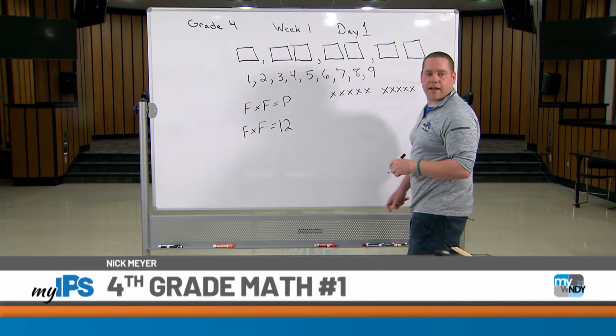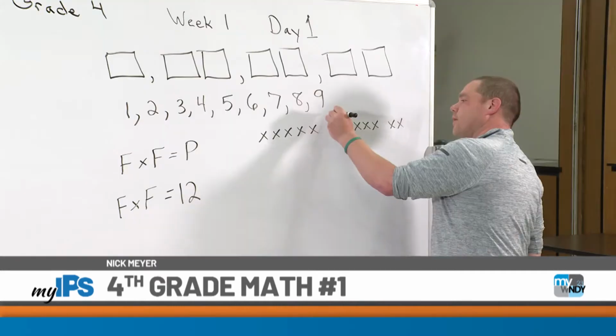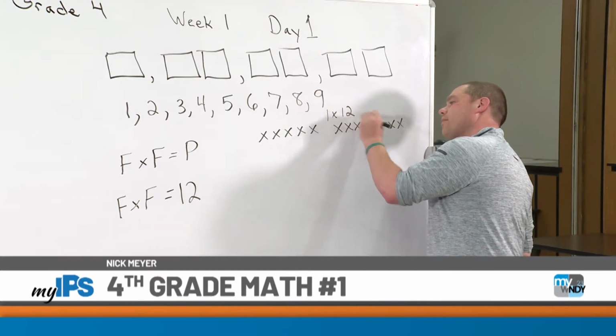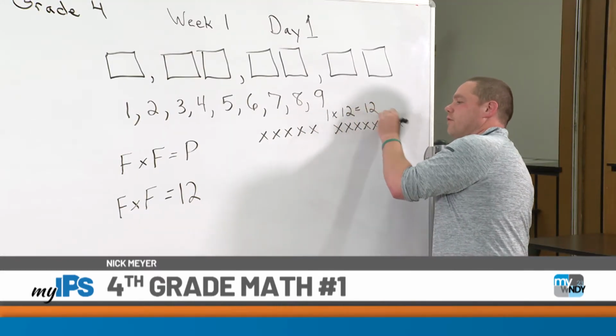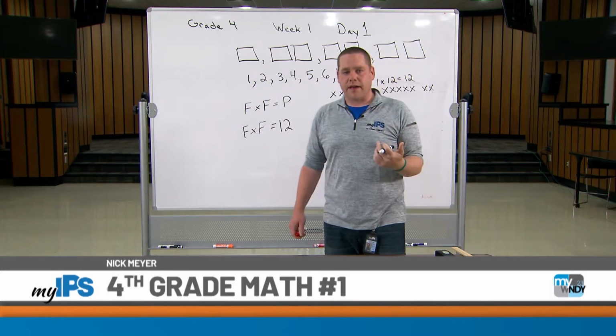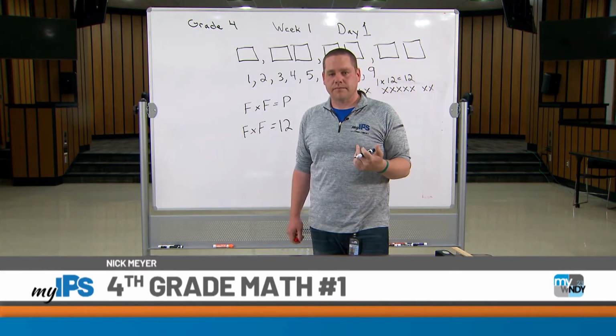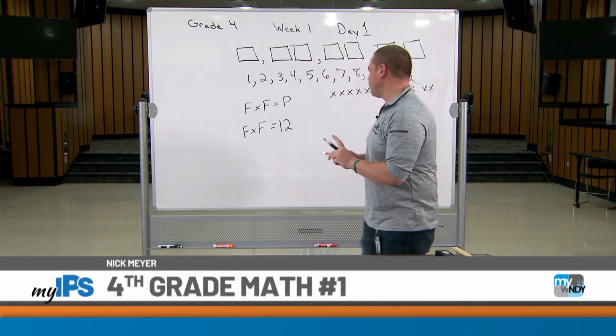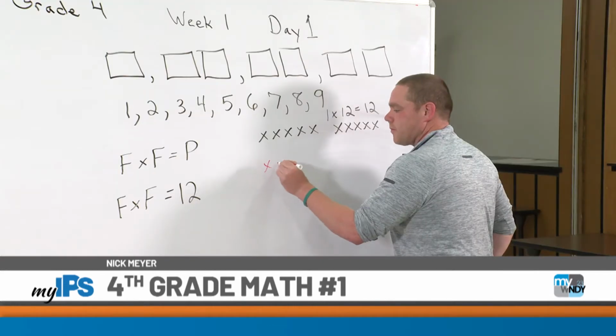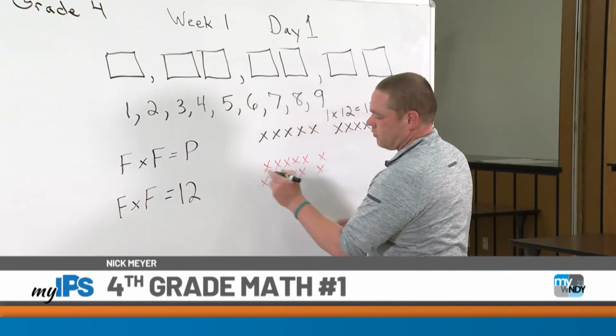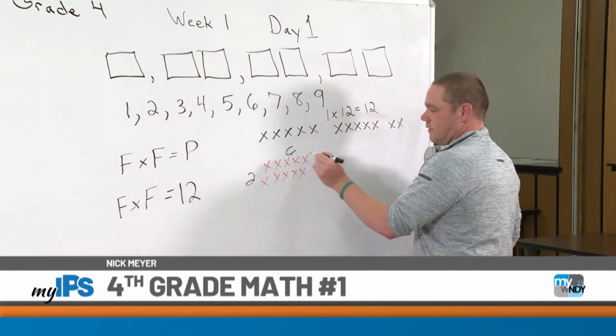So it has the factors 1 times 12 equals 12. Is there another way that you can make 12? Somebody said 2 times 6. So 2 times 6.